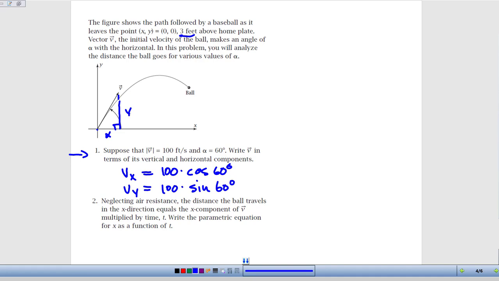We're told we're going to neglect any air resistance, so the only thing affecting the flight of the ball is that initial velocity as a result of the ball being hit. So our parametric equation in the x direction is going to be 100 times the cosine of 60, which multiplies out to 50, so it's 50t. That's our parametric equation for the x direction for the ball.